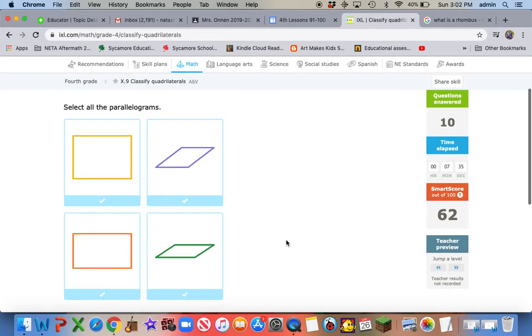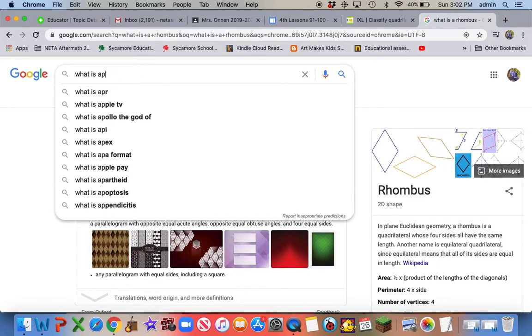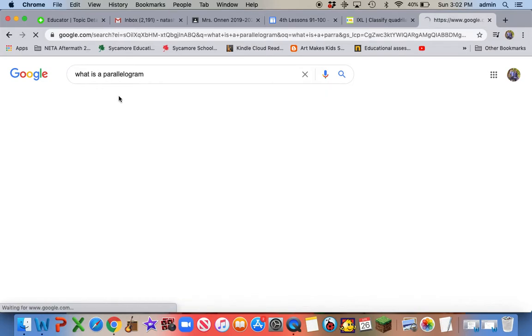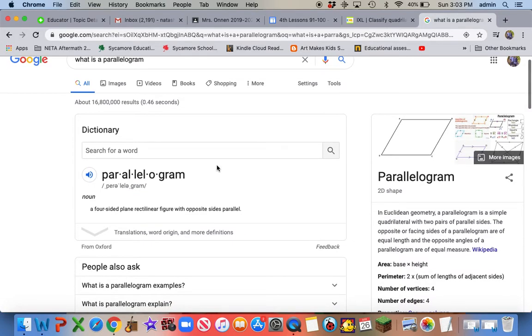All right, select all the parallelograms. Well, let's look. What is a parallelogram? P-A-R-A-L-L. I bet you have an idea just because of the word parallel. A four-sided plane rectangular figure with opposite sides that are parallel. So all it means is the opposite sides will never touch. So can a rhombus be a parallelogram?